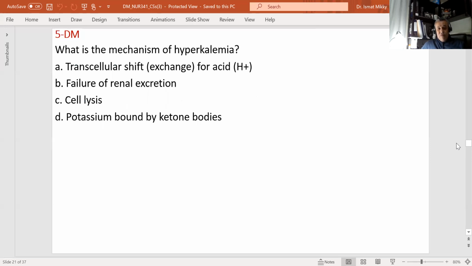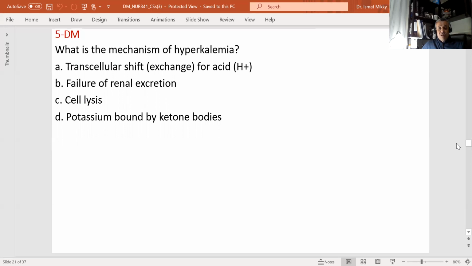The mechanism of hyperkalemia in hyperglycemia, A, is transcellular shift for acid. This is a mechanism we constantly discuss in pathophysiology: when the acid, or the hydrogen ion, builds up in the blood, the majority of the cells in the body buffer the acid by absorbing it.